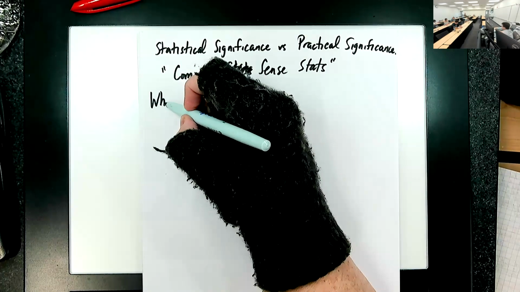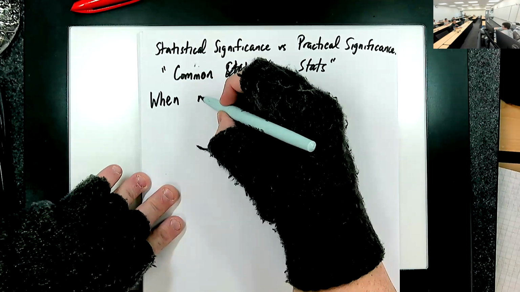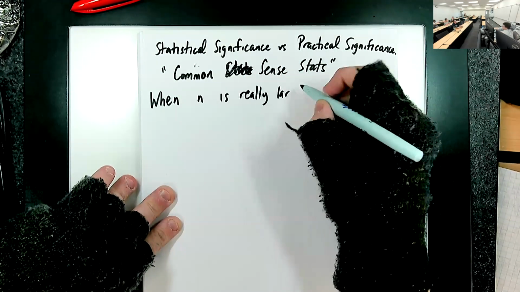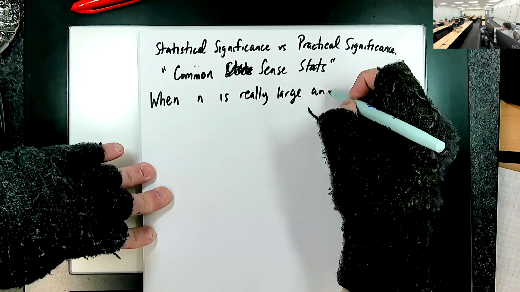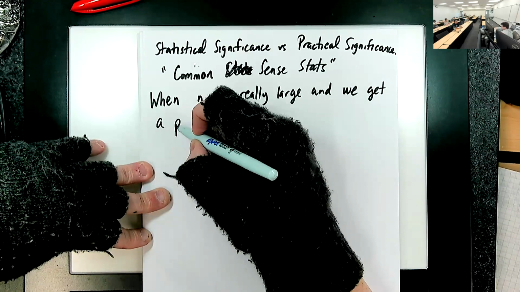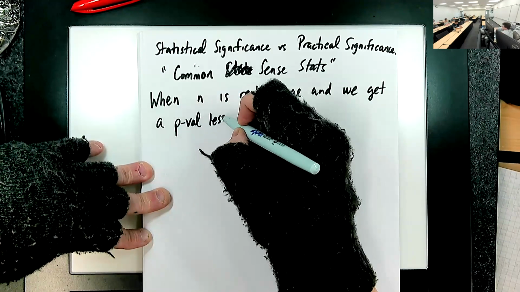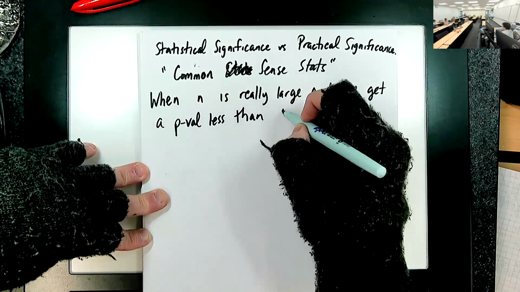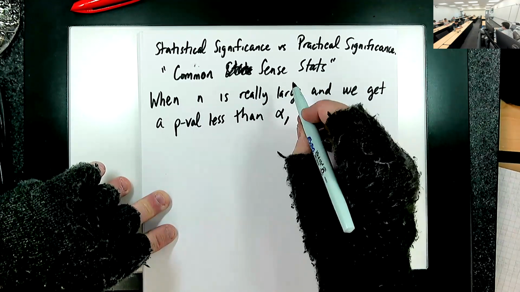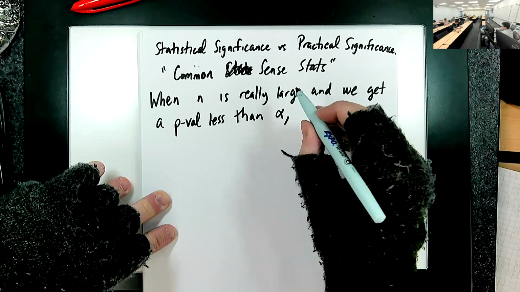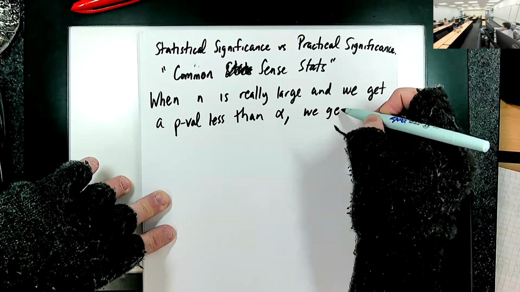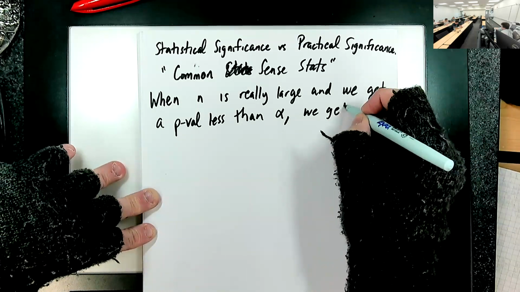What happens is that when n is really large, and we get a p-value less than alpha, we get stuff where the significance is maybe not that important.